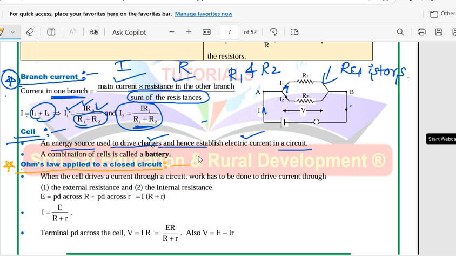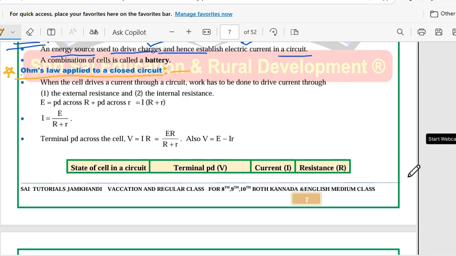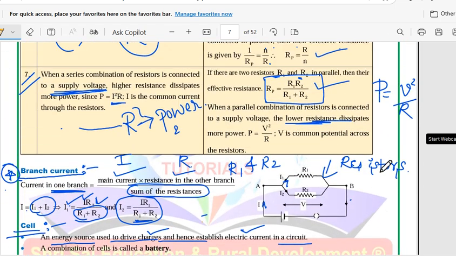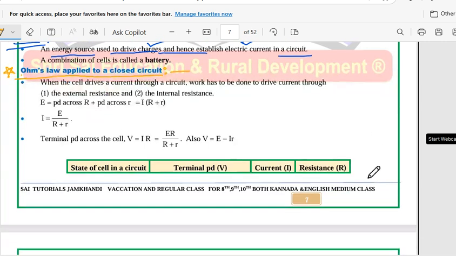So let me derive an expression for Ohm's law applied to a closed circuit.